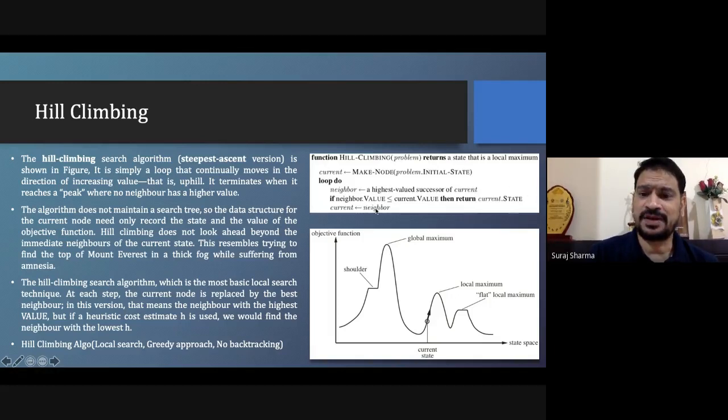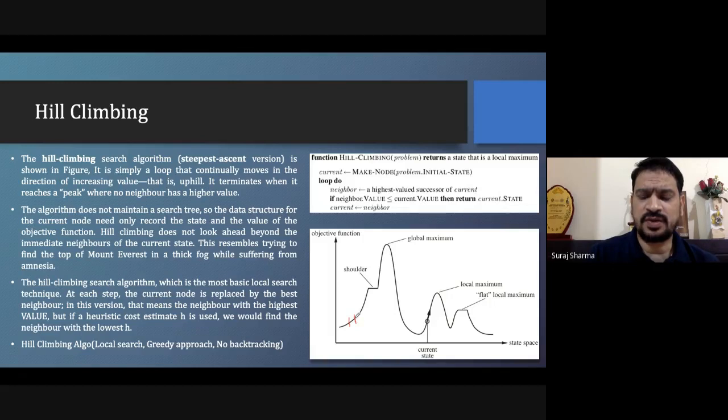Otherwise, that neighbor which has a higher value than me will become the current state. Getting it? Let's say this is my initial value, and when I am going further, I find this particular point as my neighbor node.